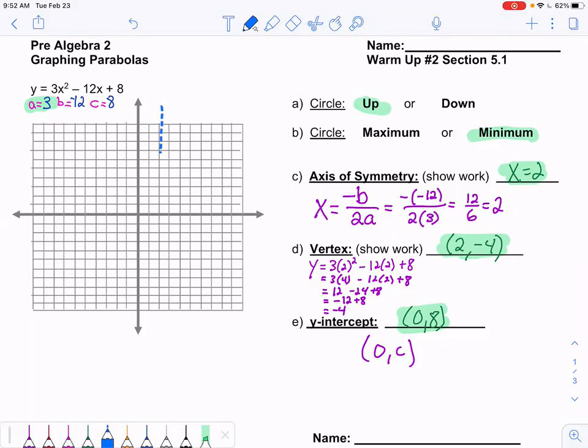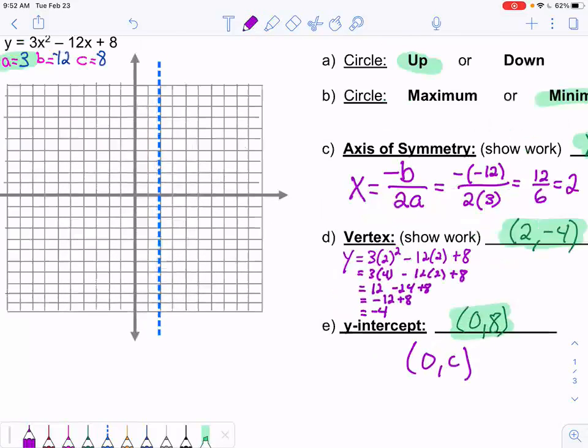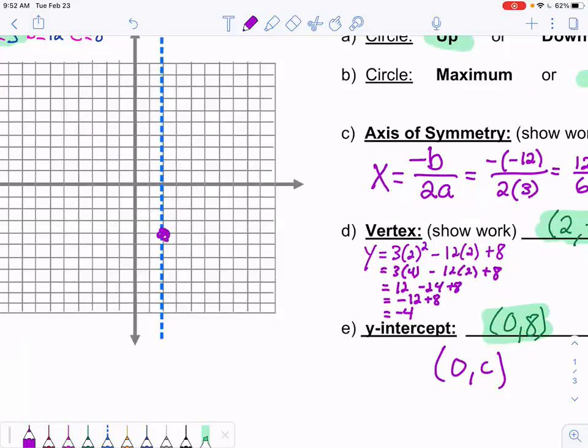There. You do one more rotation. There we go. As Emma said, it's x equals 2. Now we put our dots down. First dot is 2, -4. The other one is 0, 8. And then we've got to mirror that.